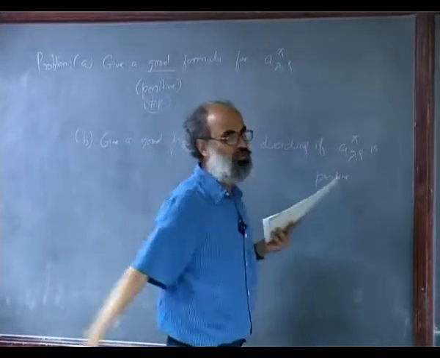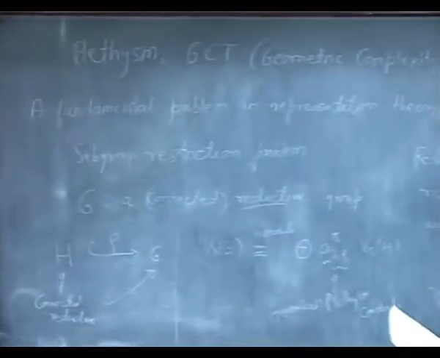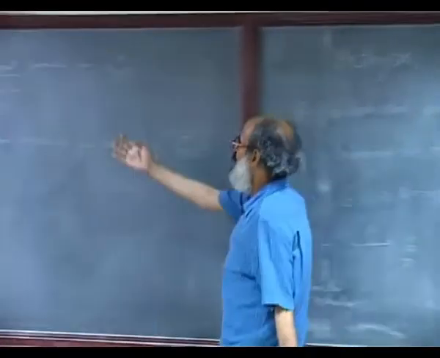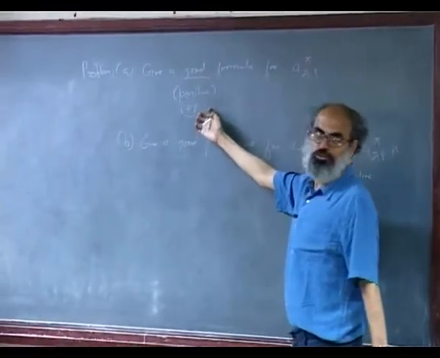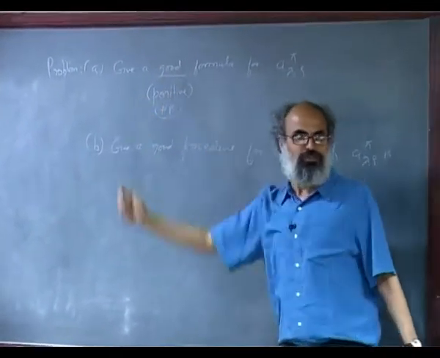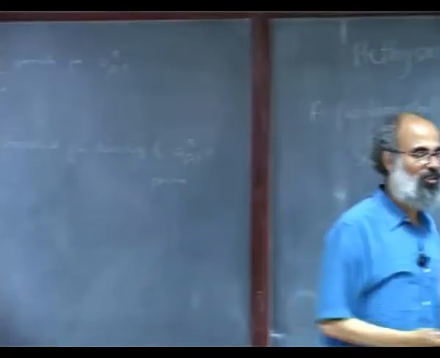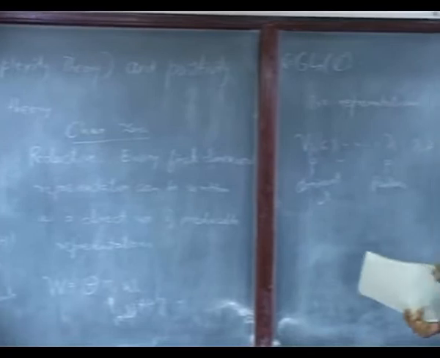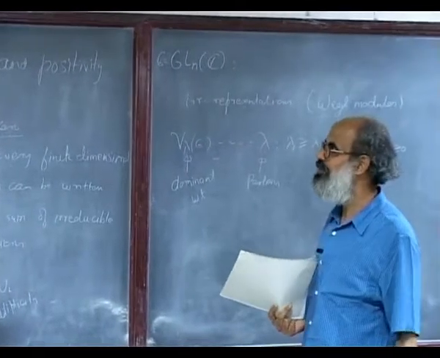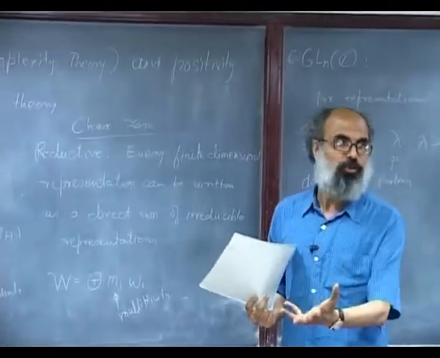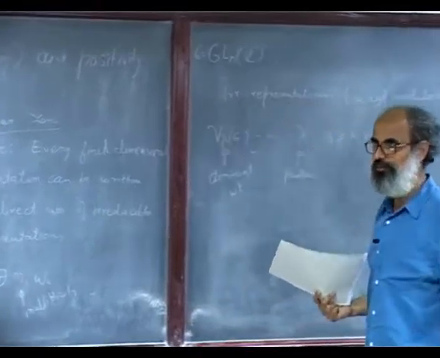Again, the Weil character formula is bad because there is a lot of cancellation, so it's very hard to know. But even if you have a good formula like that, that doesn't give you a good procedure, because if you want to compute a sharp P formula, it still takes exponential time. Like the permanent is a sharp P function, but to decide if the permanent of a non-negative matrix is positive, there is a polynomial time algorithm for that. That is just the perfect matching algorithm.